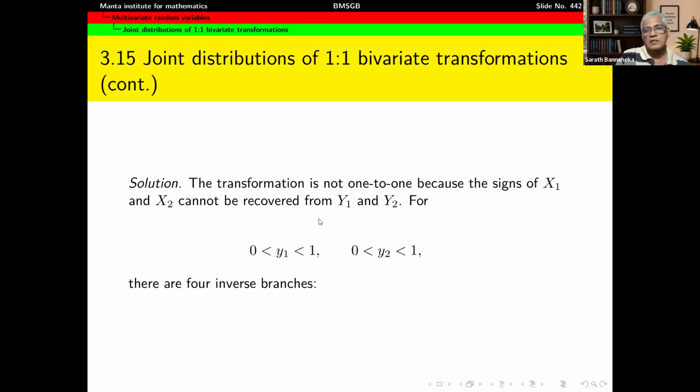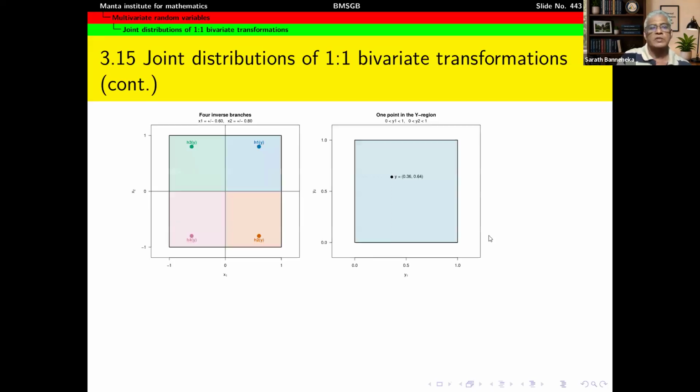For a given y1, y2 point, there are 4 possibilities of x1, x2. For example, let us consider y1 between 0 and 1 and y2 between 0 and 1. Corresponding to that y1, y2 point, you have this scenario. Let us consider y1 equal to 0.36 and y2 equal to 0.64.